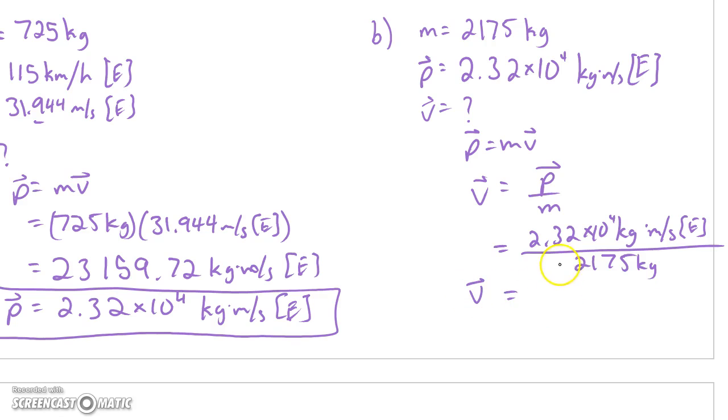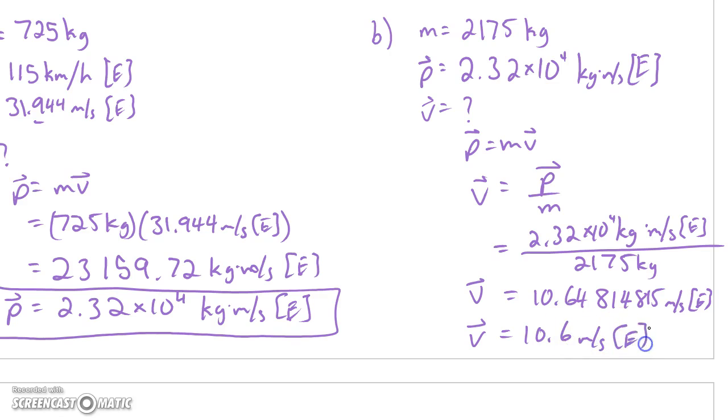And your calculator should tell you 10.64814815 meters per second east, which to proper sig figs would be 10.6 meters per second. And that must be east.